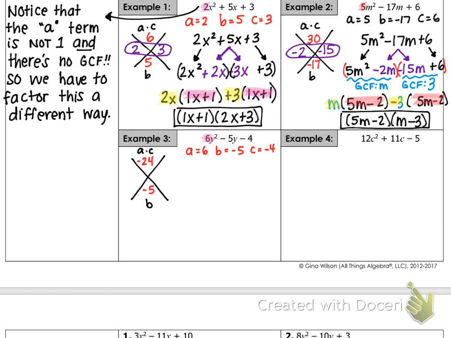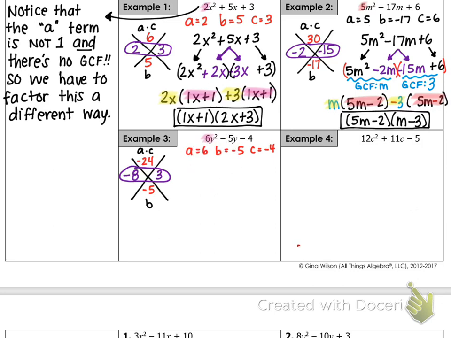So what multiplies to negative 24 and adds up to negative 5? Well, 4 and 6, 4 times 6 is 24, but we can't get a 5 out of that. What about 8 and 3? That works out. 8 times 3 is 24. And then which one do we make negative to make a negative 5? We have to make the bigger number a negative if this guy down here is negative.